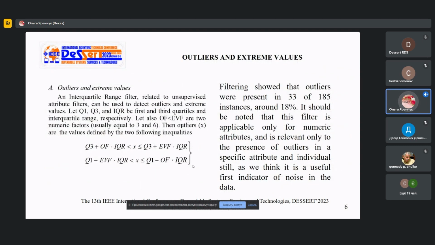So the analysis identified outliers and extreme values using an integrated range filter, which detected outliers in 18% of the instances.